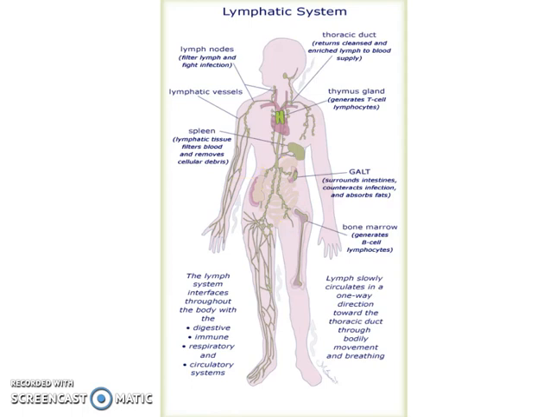There, lymph nodes act as filters to filter out any material that does not belong in the body. Some of this material could be pathogens that could end up getting trapped in the lymph nodes. There in the lymph nodes, those pathogens are targeted for destruction by the white blood cells.